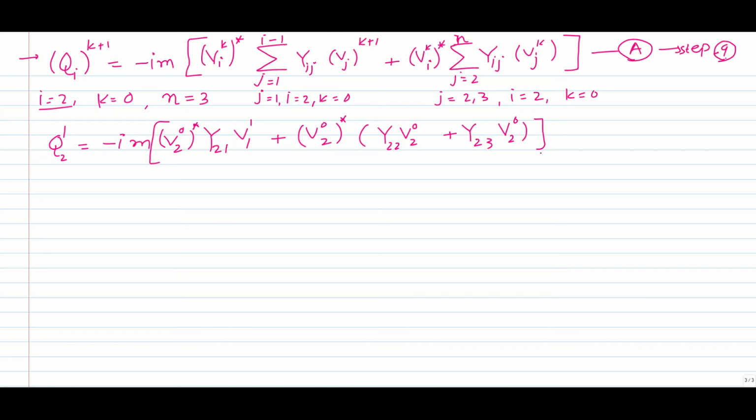Here is the expansion of this equation with these values.